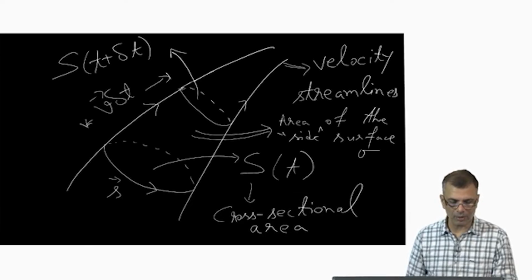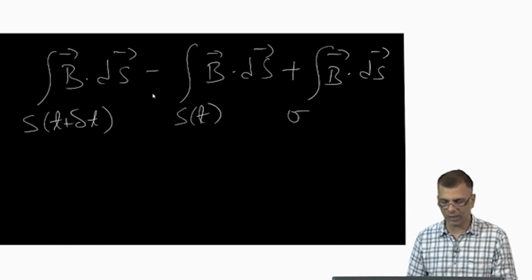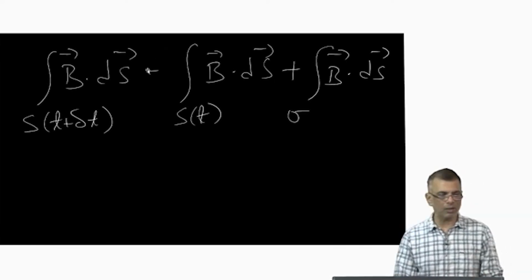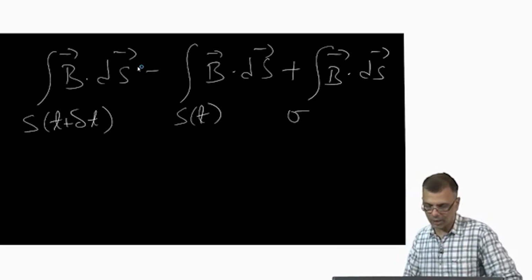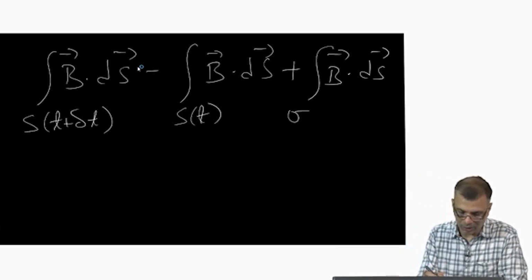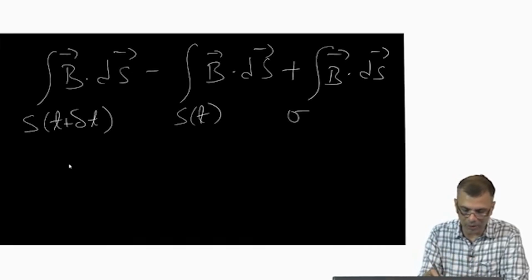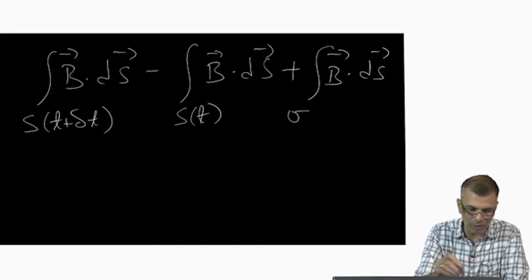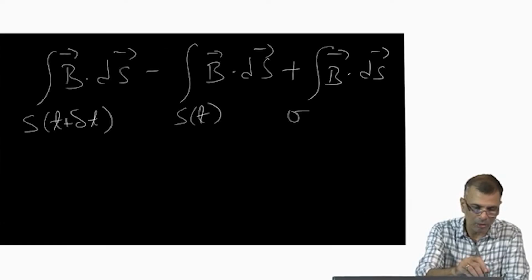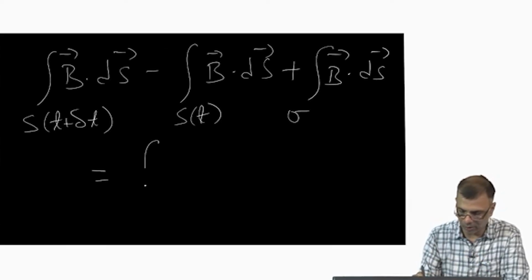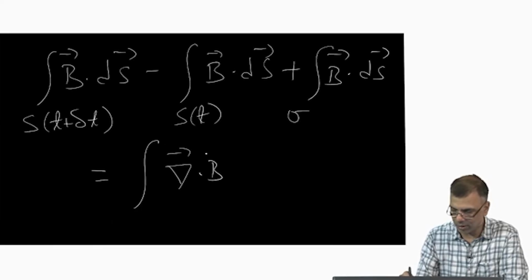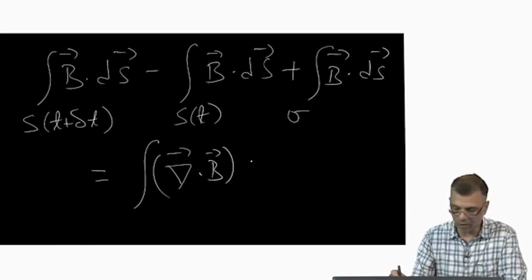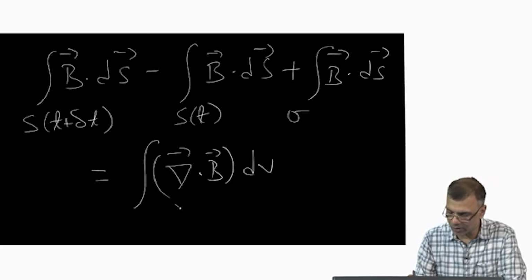And now these are all a B dot ds kind of thing, isn't it? This is all a B dot ds, and by the divergence theorem, the integral of B dot ds is equal to the integral of divergence of B dV, and we know that this is always equal to 0.